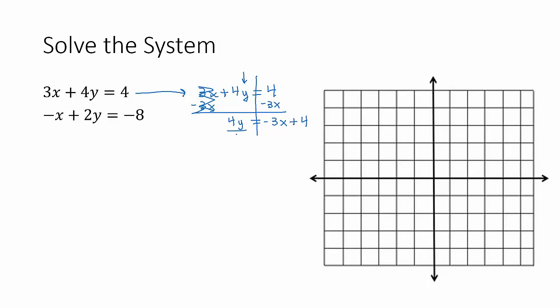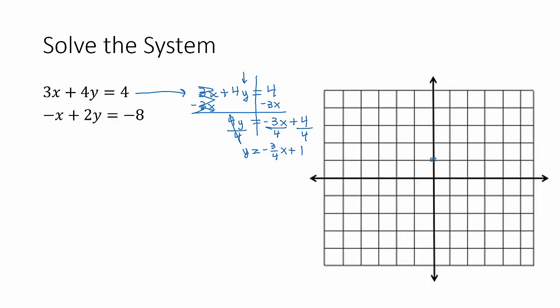And then to get the y alone, we'll divide by 4. We can divide the whole thing by 4, but I'm going to show that in pieces, dividing each piece by 4. That way I can clearly see the slope is negative 3/4 x plus 1, my y-intercept.